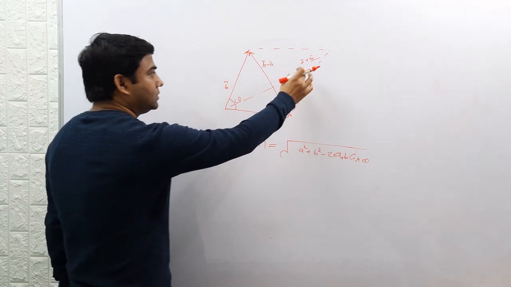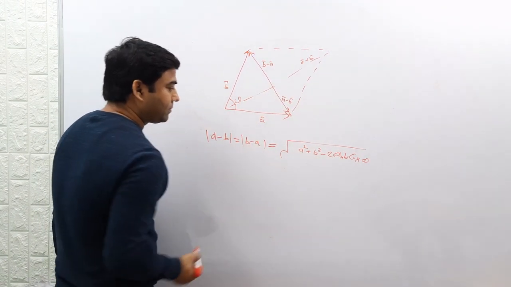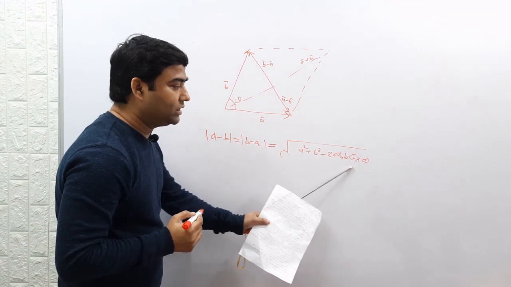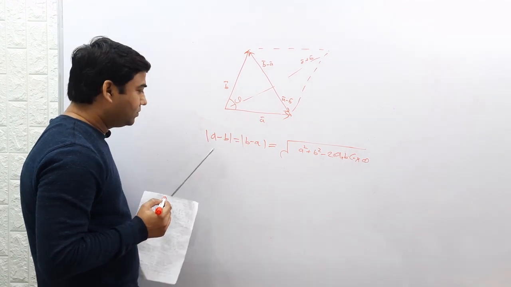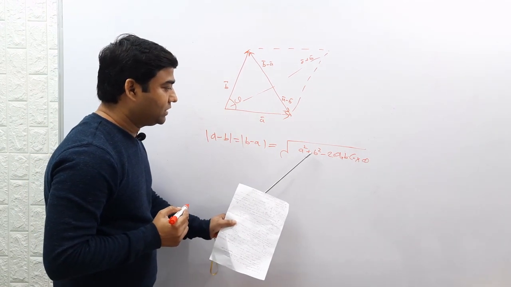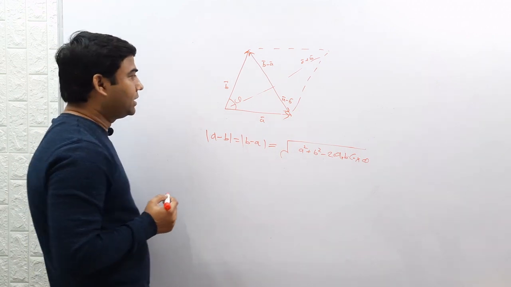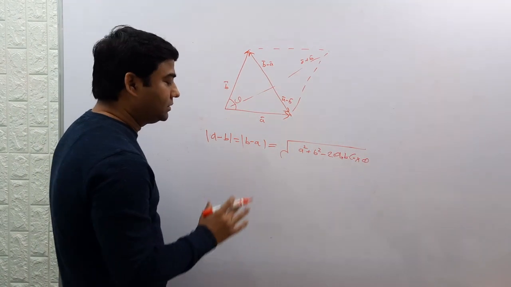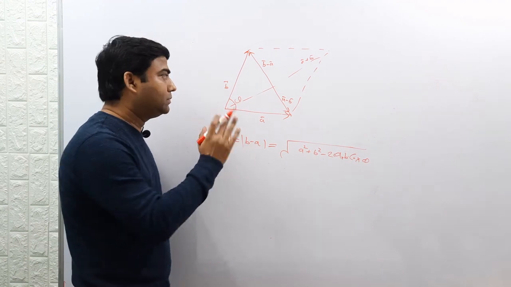As you have used the earlier method for a plus b, there it was plus. Vector a plus b is equal to a square plus b square plus 2ab cos theta. Similarly, vector a minus b or b minus a, modulus will be equal to a square plus b square minus 2ab cos theta. Okay. So this is the method to find subtraction of vectors by using parallelogram law.